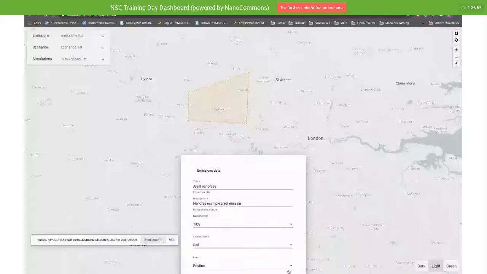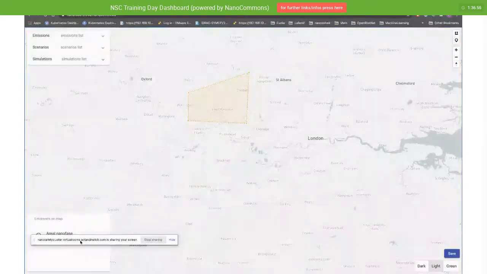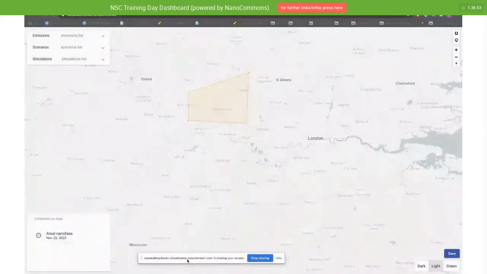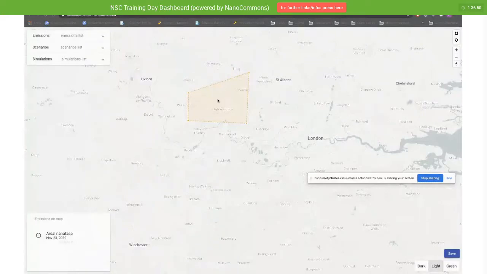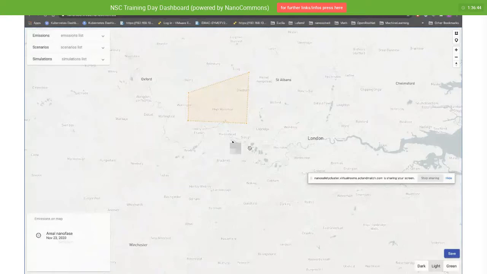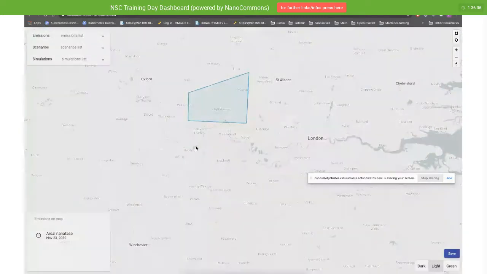So this one emission could already be an input for a simulation, but a more realistic scenario would probably consist of more than one emission. So let's add, for example, another emission, a point emission.